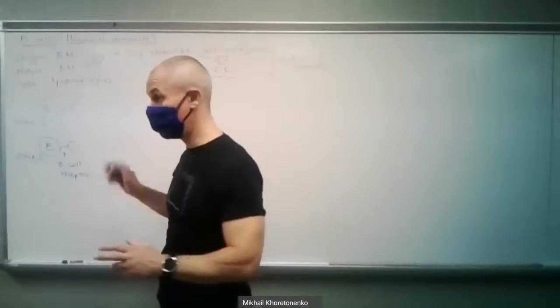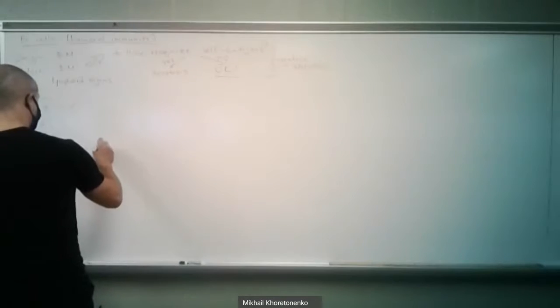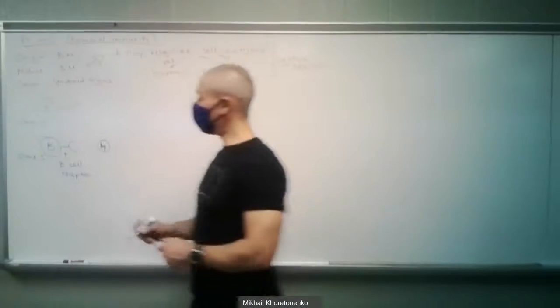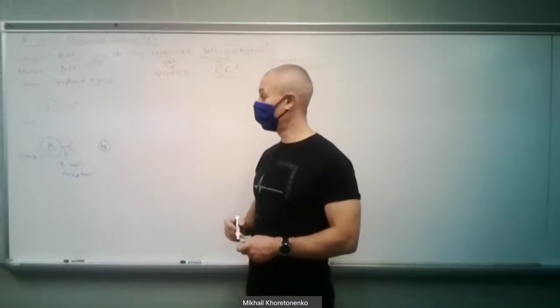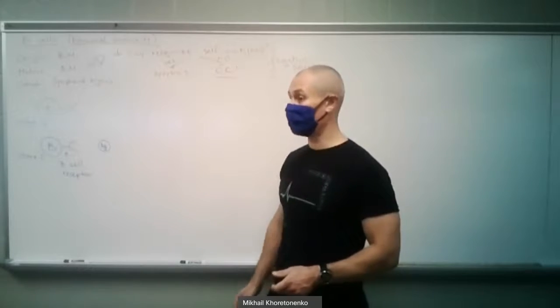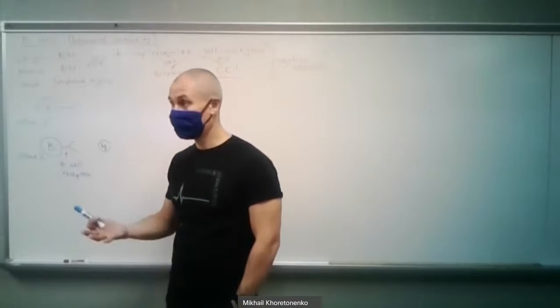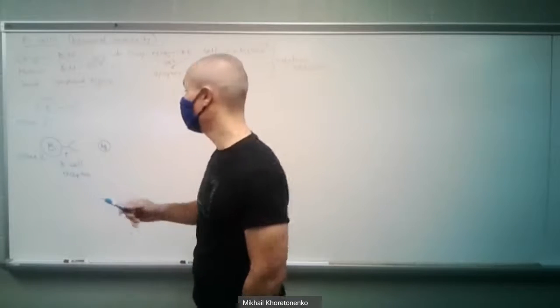Okay. So the next thing that happens in our representation is that antigen appears. Now this antigen, look, which clone is going to recognize it and bind it? Clone number 2.